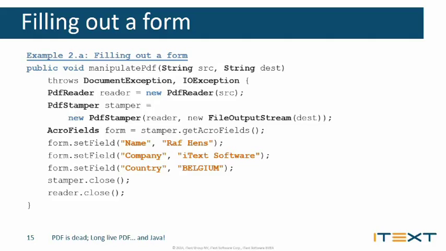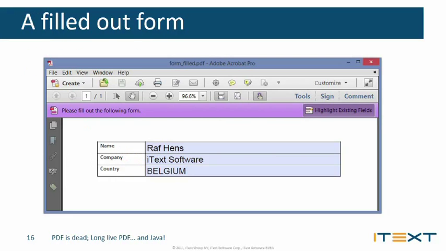We can get the AcroFields from this document. And then it's basically key value pairs. I put my name, my own company, and I'm from Belgium. We close the stamper, the reader, and we get the output, which is on the next slide. And you can now see this document is filled. So another simple use case of manipulating an existing PDF document.